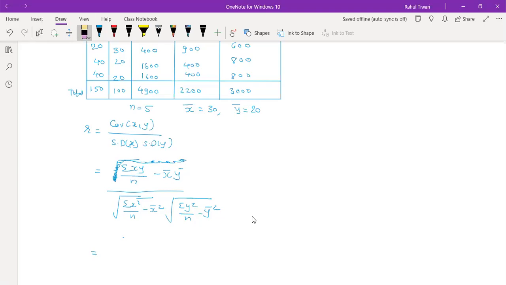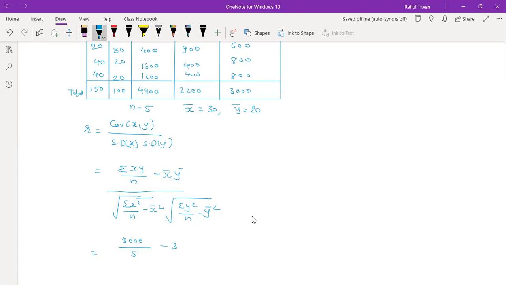So this is going to be 3000. This is 3000 upon 5 minus 30 into 20.